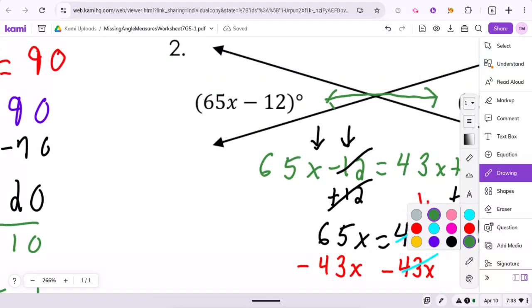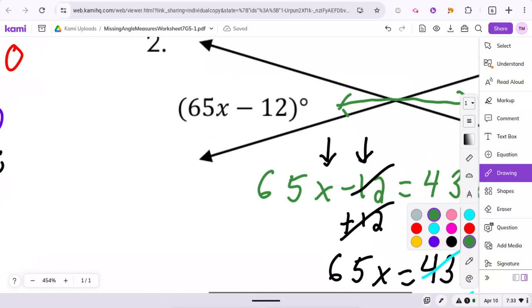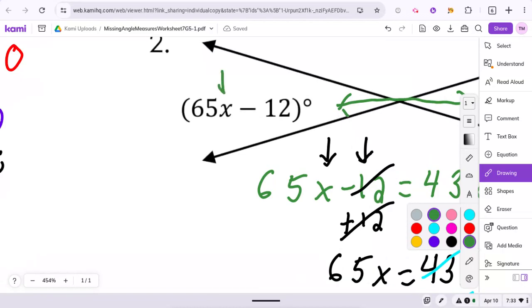Then you'd take that value of 1 and plug it back into these equations or the expressions. So you'd go 65 times 1 minus 12. So of course 65 times 1 is 65, and then you have minus 12. So then you would just subtract 65 minus 12, and you'd get 53.